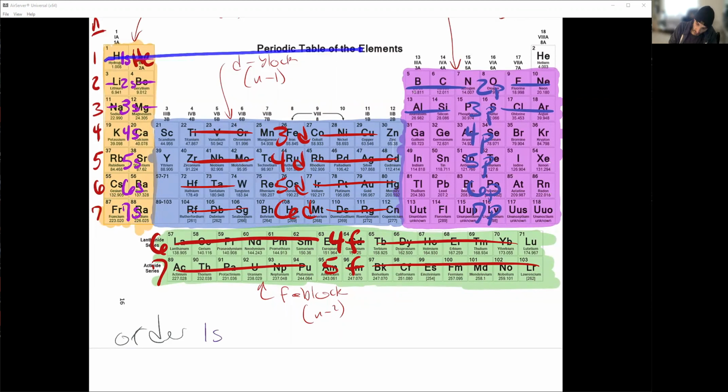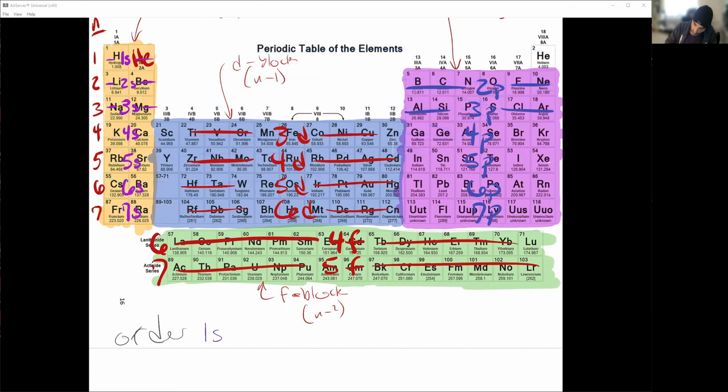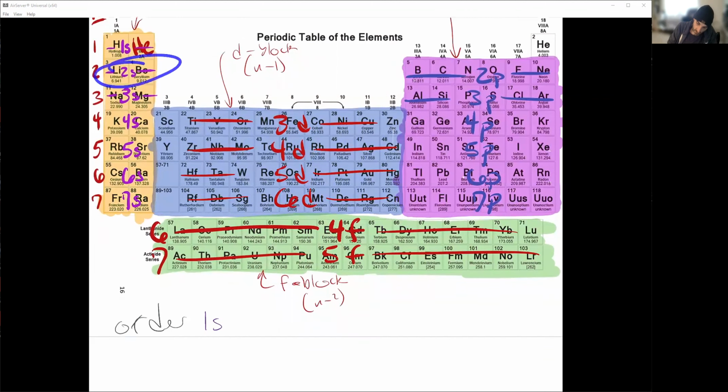All we're going to do is go across, and when we get to the end, we start again. Okay, so let's just do the total order of filling. So 1s, go to the end, and then we start in the next line. 2s is next. What fills after the 2s? The 2p. So 2p is what fills next. After the 2p, we're finished. So we start again on line 3. 3s, 3p.